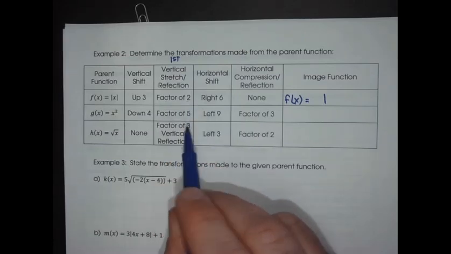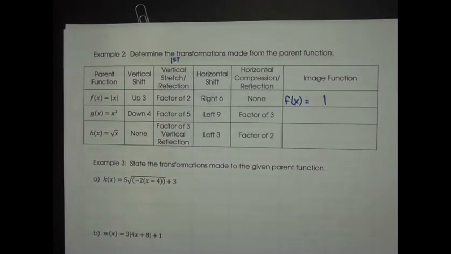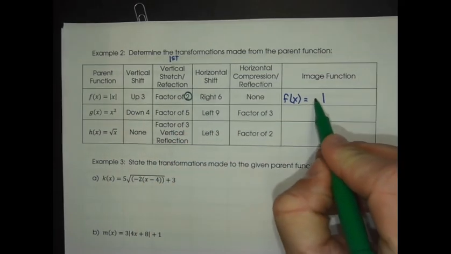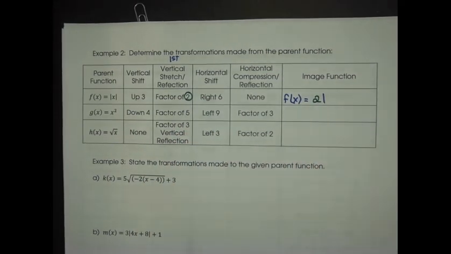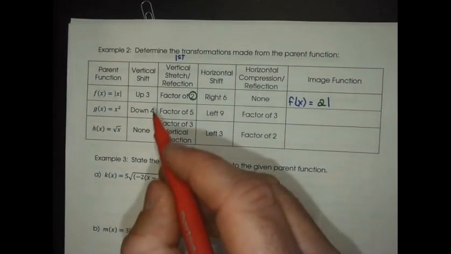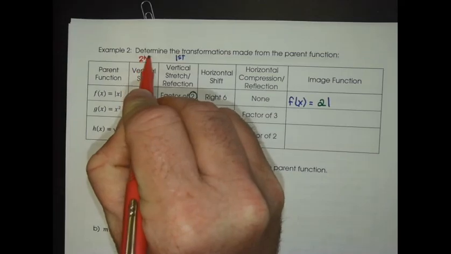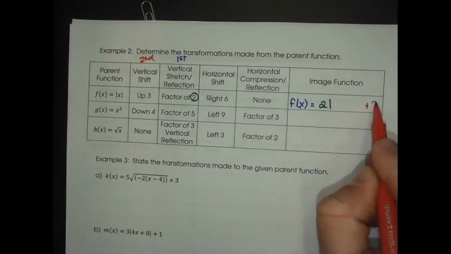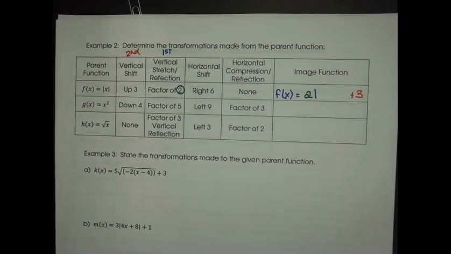Here I have a vertical stretch of 2. That vertical stretch of 2 goes out front. And I would look at probably the vertical shift second, up 3. I know that I'm going to be out here at +3, somewhere outside that bracket.